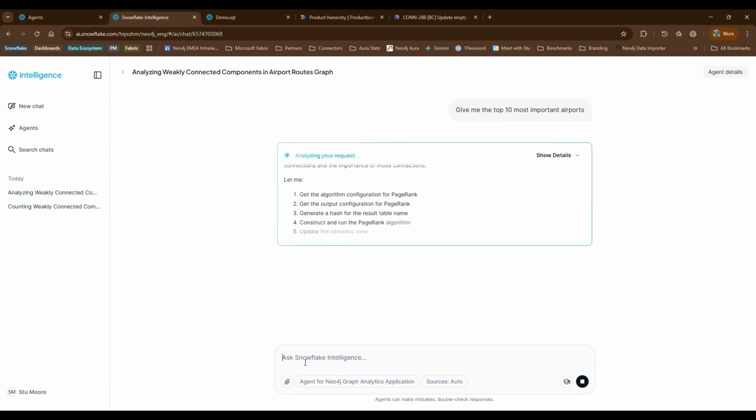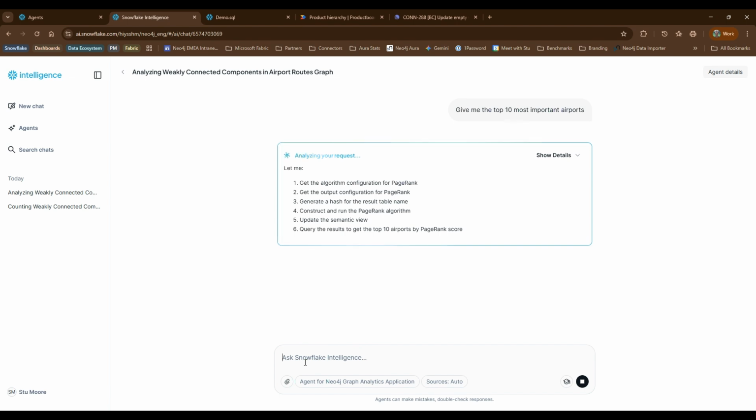I just asked it something that a business user might ask. They're going to say, "I want to know the most important airports." They haven't said what particular algorithm they want to use. And here, the GDS agent is able to say, "Hey, I think you really need PageRank, and I'm going to run the PageRank algorithm over the data that is available to me," and then come back with the list of scores.